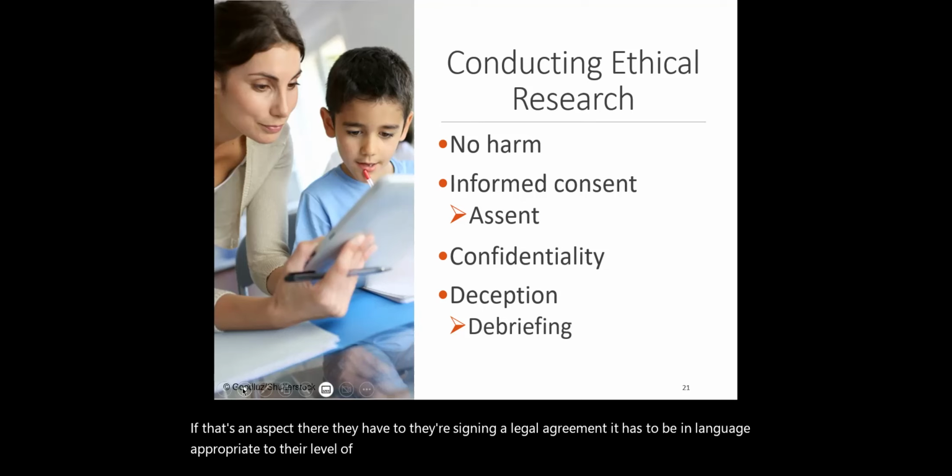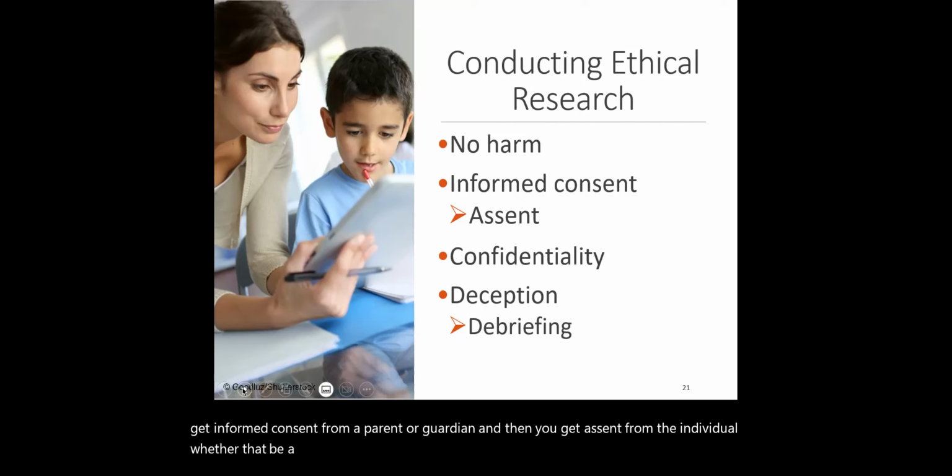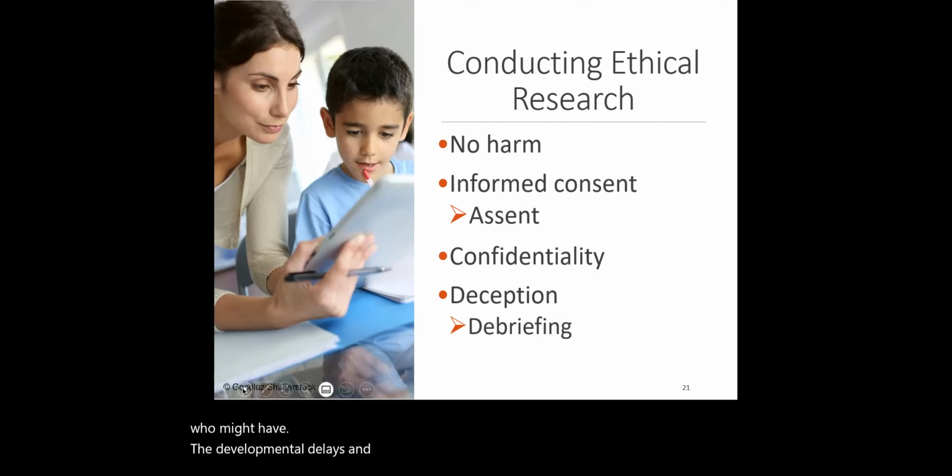If they are not capable of giving consent, you have to get informed consent from a parent or guardian, and then you get assent from the individual, whether that be a child, someone who can't give informed consent due to their age, or someone who might have developmental delays and so is not necessarily able to understand and give legal consent.